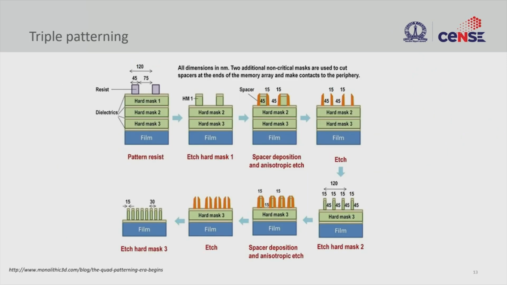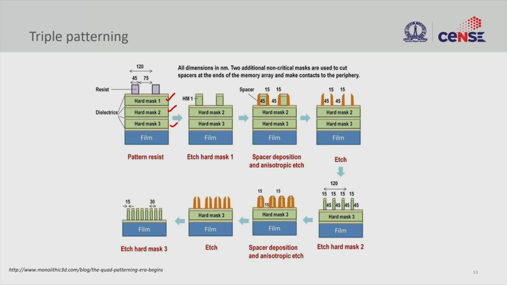So how do we even increase it beyond this double patterning? You can do triple patterning, right. There is no need to go through each and every process here because this is a replicate of whatever we saw earlier in this spacer based patterning, but the only difference is we have multiple layers of hard mask, right.